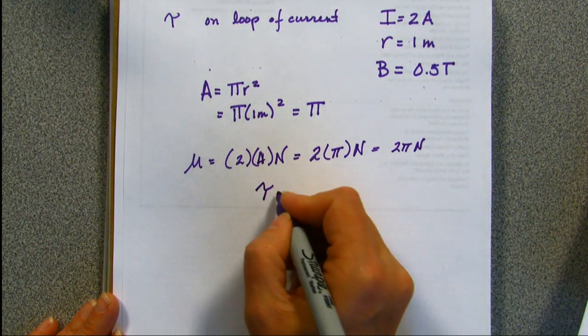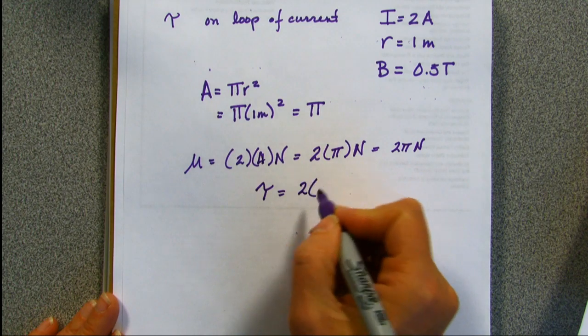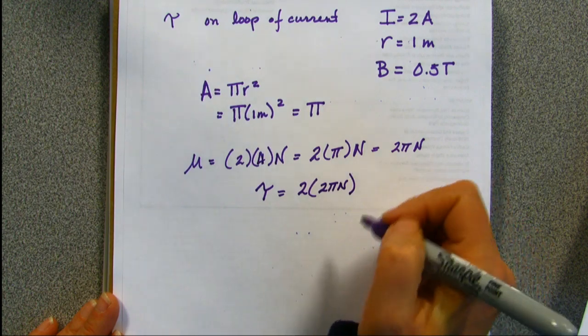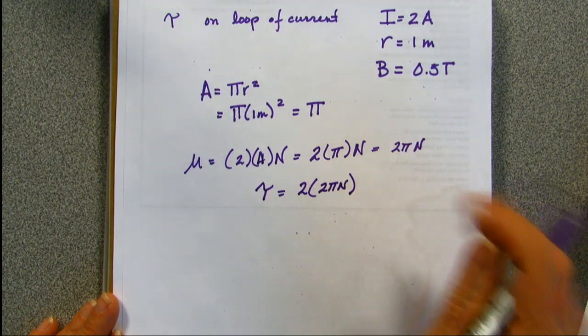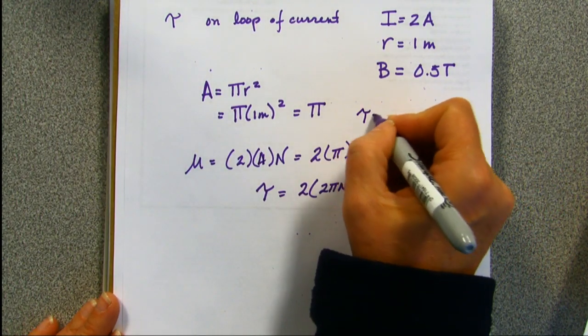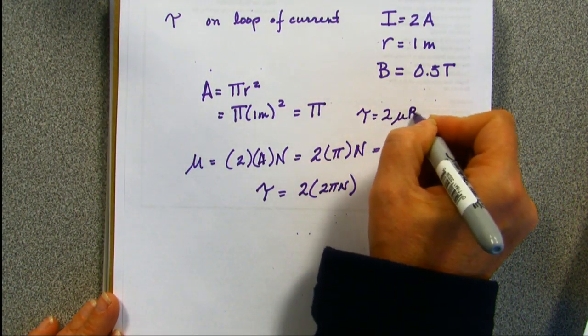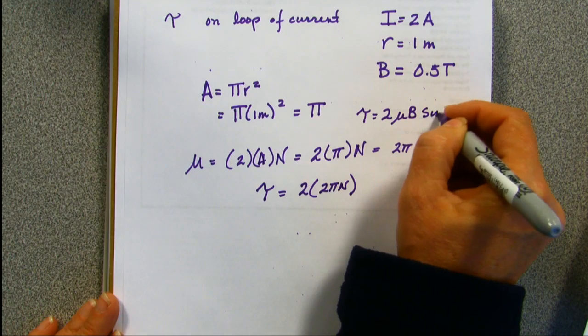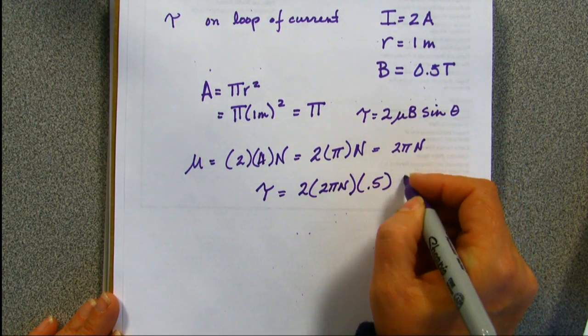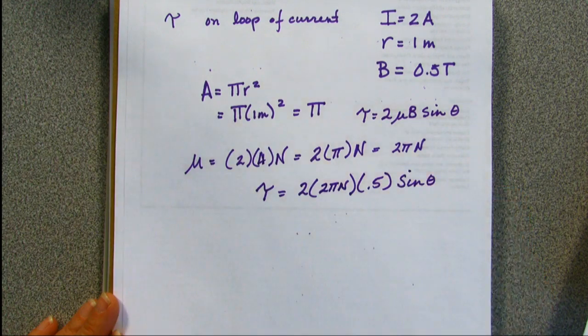And if I calculate the torque, it becomes the magnetic moment times B sine of the angle. Now I put my 0.5 Tesla in there, sine of the angle.